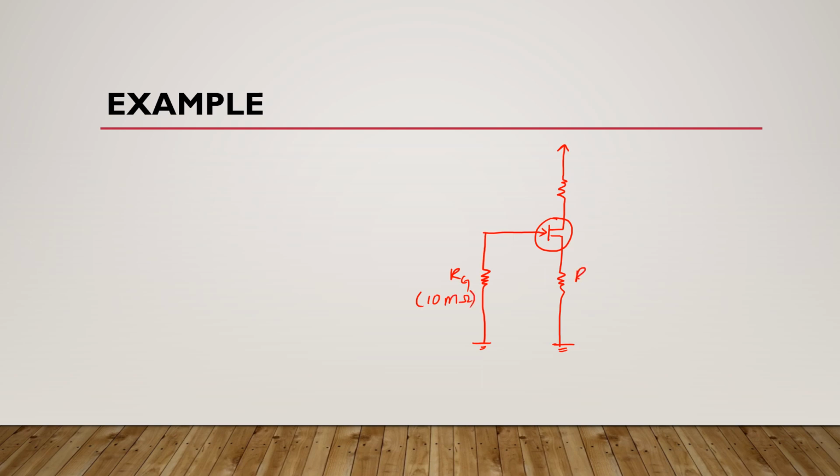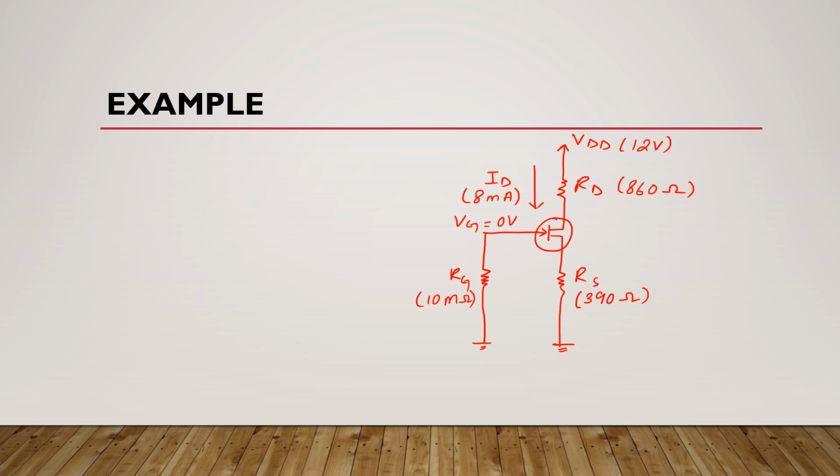Here we have Rs, which is 390 ohms. Here we have Rd, which is 860 ohms. Here we have VDD, suppose it is 12 volts, and here is the direction of drain current, suppose it is 8 milliamperes. Here Vg is 0 volts.